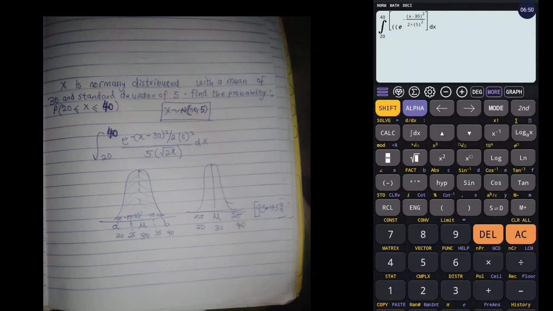Then we close one of these brackets, so the brackets must be at the same level. If we type in our bracket here, you see that they are not in the same position, so we have to put them at the same level, that is down here.